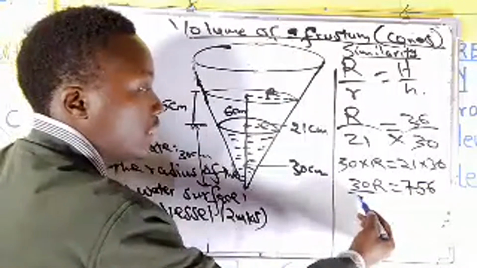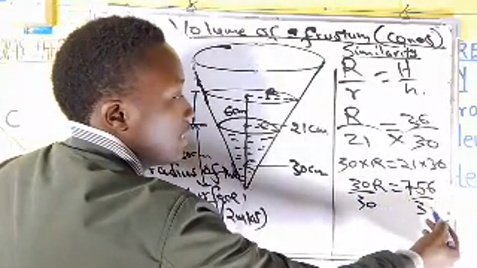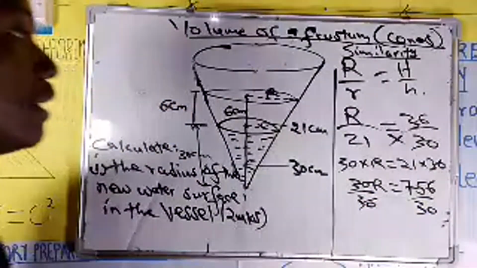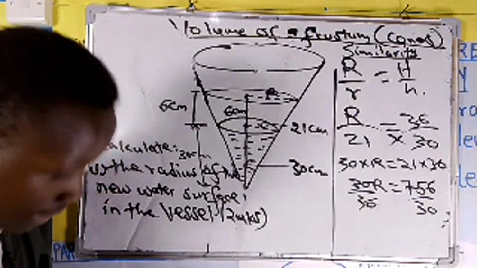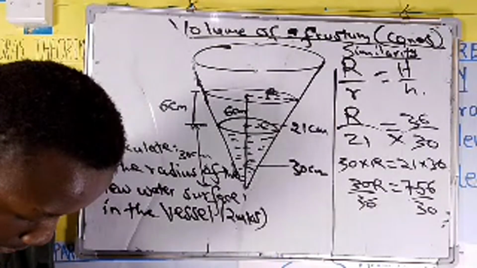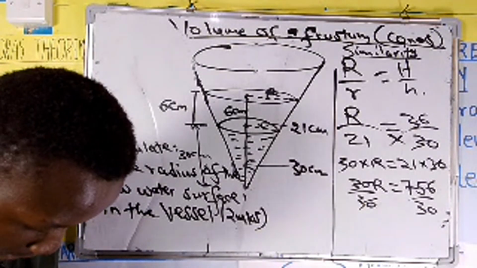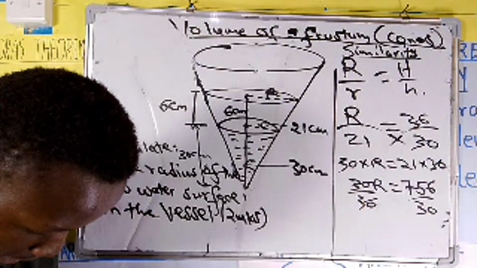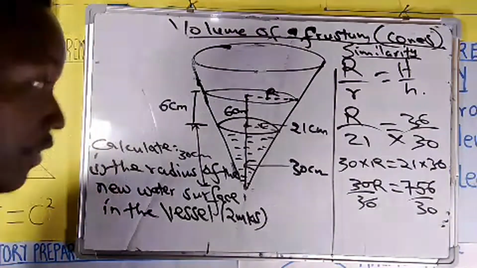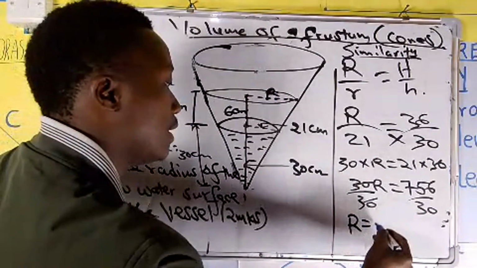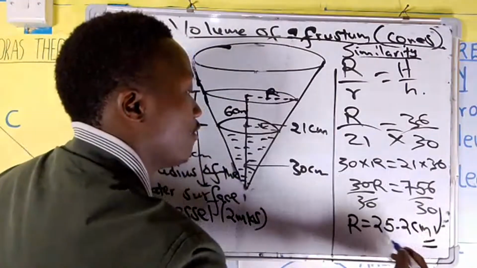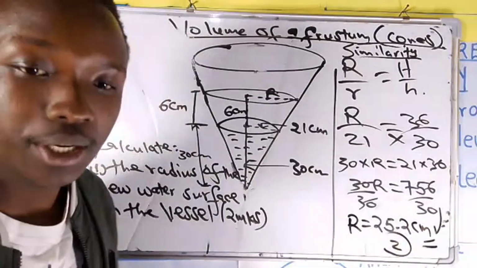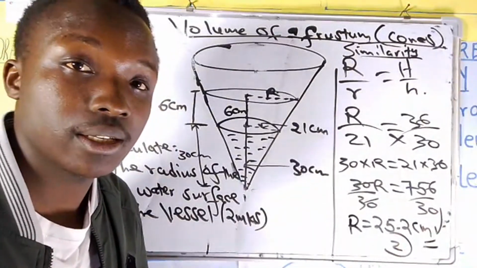So we are going to divide by 30 so that we can get our new radius, which is 756 divided by 30, going to be 25.2. So the new radius will be 25.2 centimeters. And when you do that, you get your 2 marks.